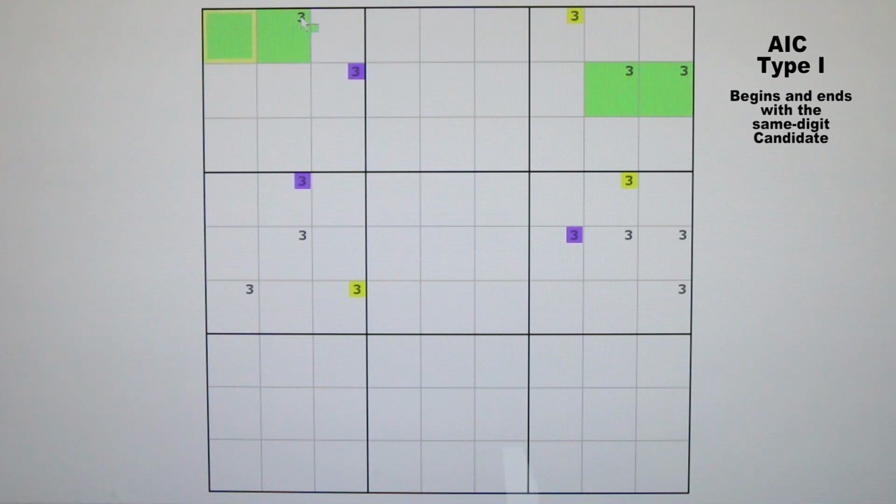So all 4 of those 3's, I mean, there may not be any there, but if there's 1 or more, you can eliminate them because they cannot be true because one of these 3's must be true. Is that clear? Good. And all this happens because we alternate the links strong, weak, strong. It's pretty clever.